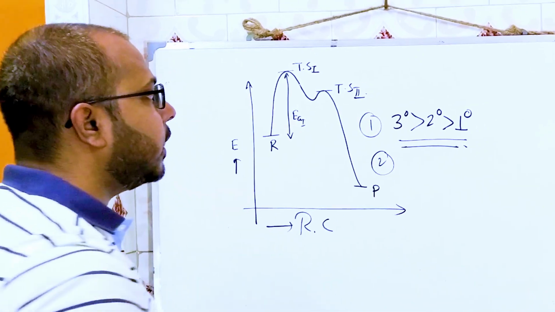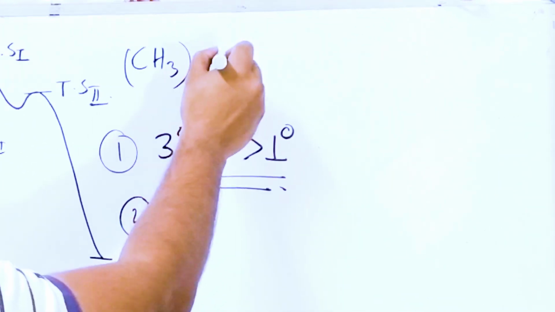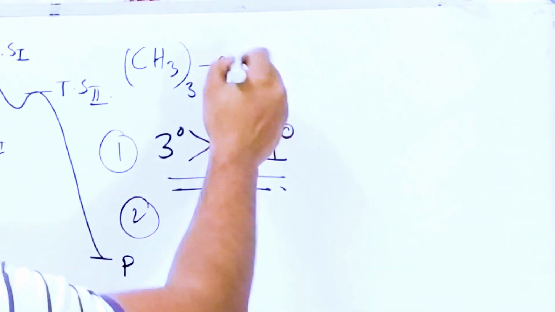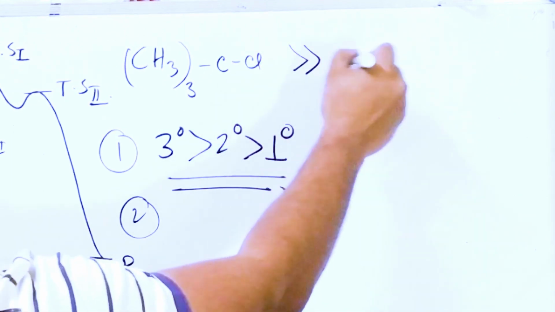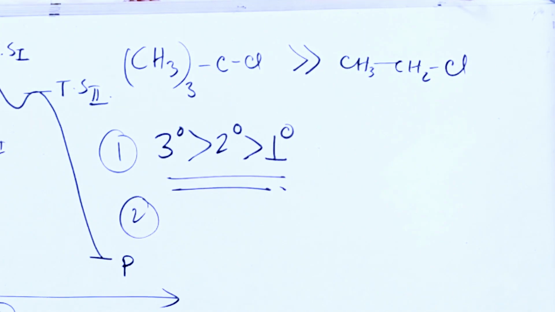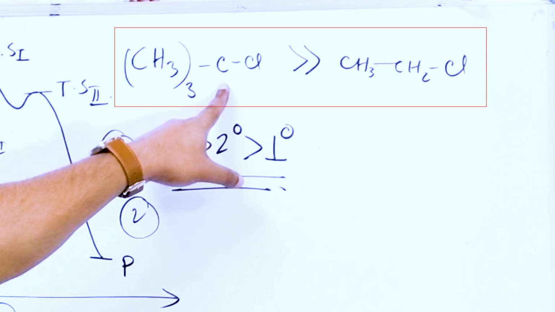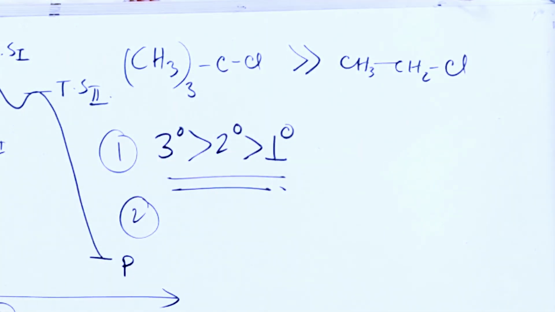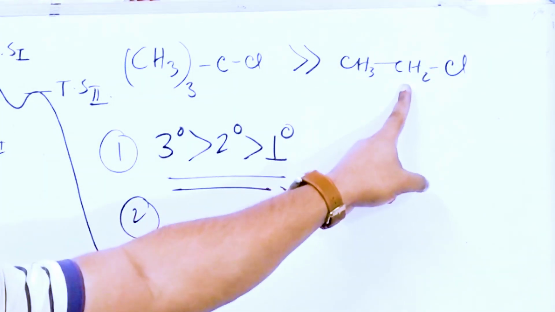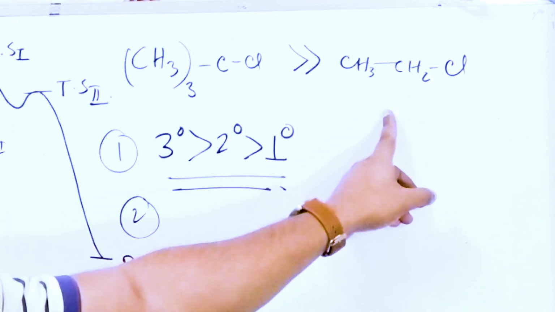Let us take an example. Suppose the question is given: this will give SN1 at a faster rate, or this will give SN1 at a faster rate. So obviously it depends on the substrate. If this carbocation is forming, it will form a 3 degree carbocation. If this carbocation is forming, it will form only a 1 degree carbocation.